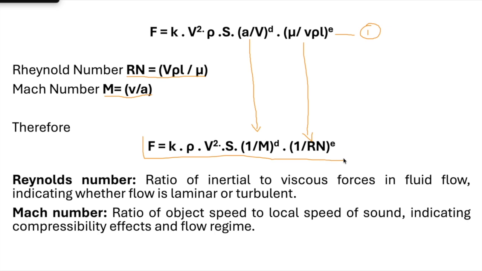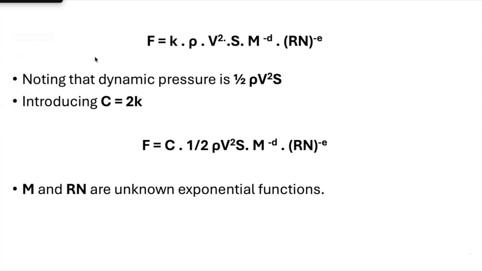Now I have come up with this equation. I'm going to rewrite the same equation, but here I'm going to write 1 over M to the power D as M to the power minus D, and 1 over Reynolds number to the power E as Reynolds number to the power minus E.